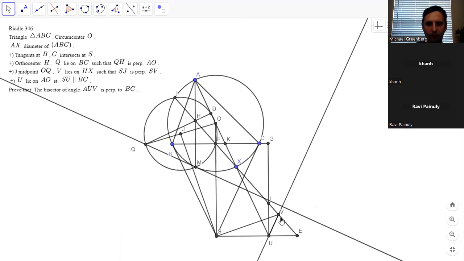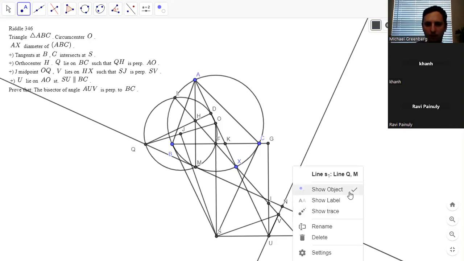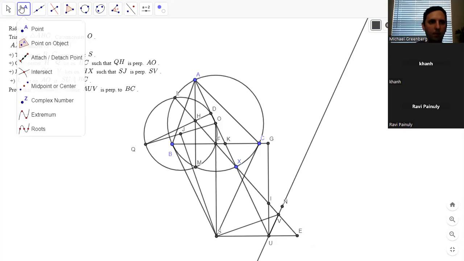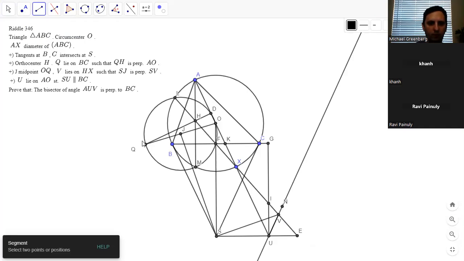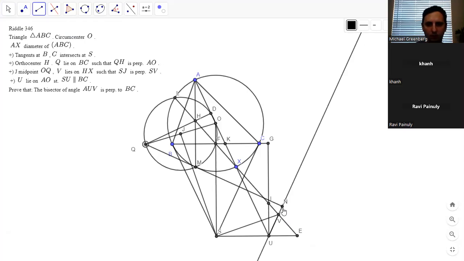That's a really good idea, which is the same as saying OM is parallel to UV.